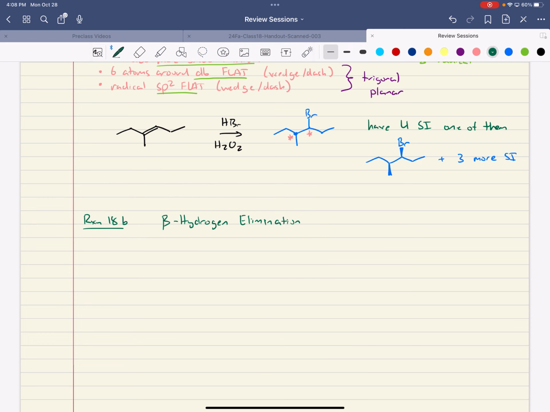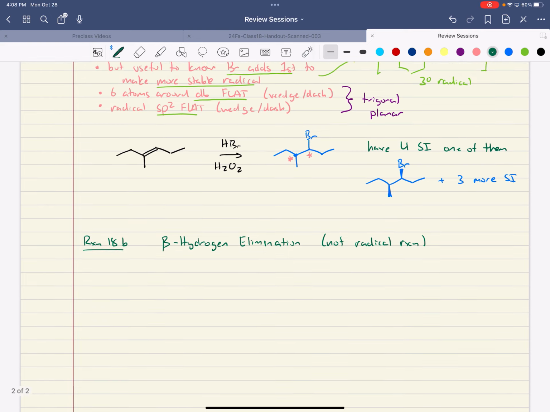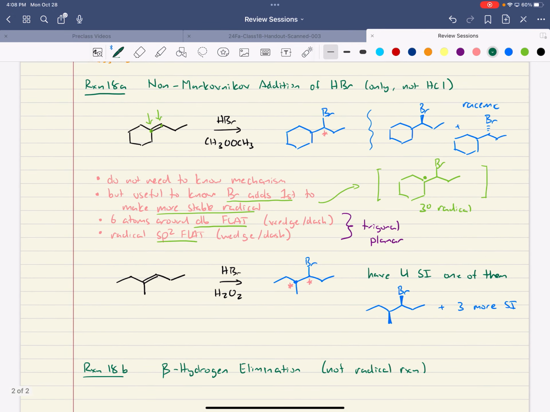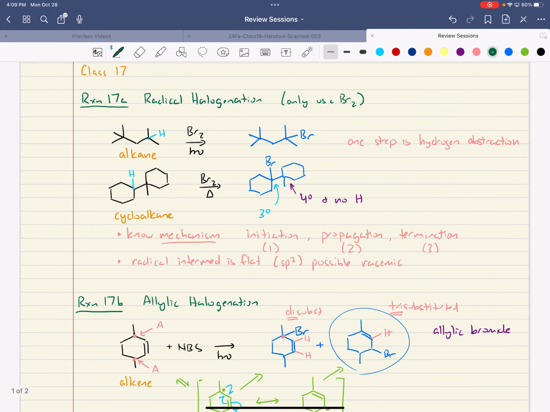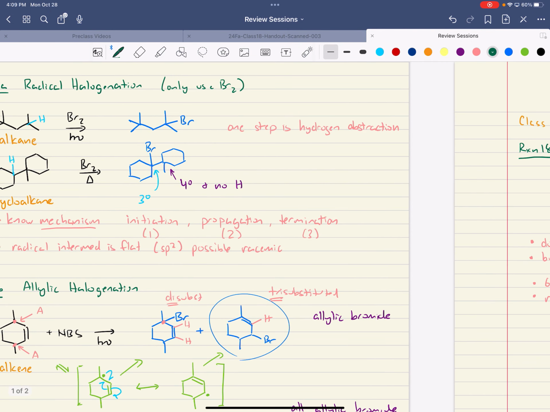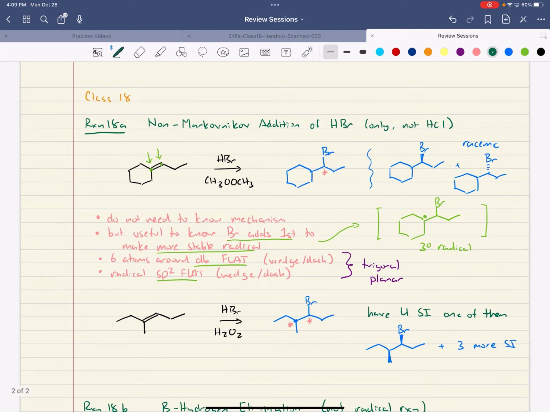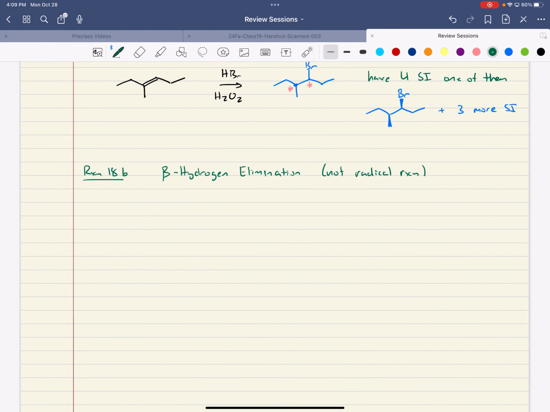So why are we talking about this in this class? Because we made a bunch of alkyl halides, not only here for 18A, but we definitely made alkyl halides in reaction 17A. So what we can do with our alkyl halides is eliminate. And that's why I put it in this chapter or this class.